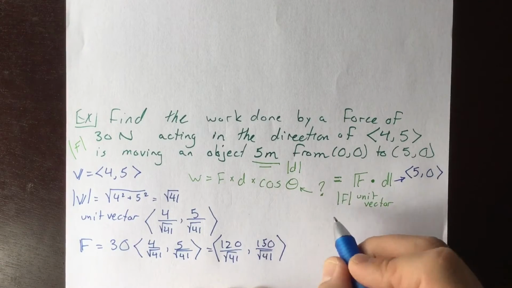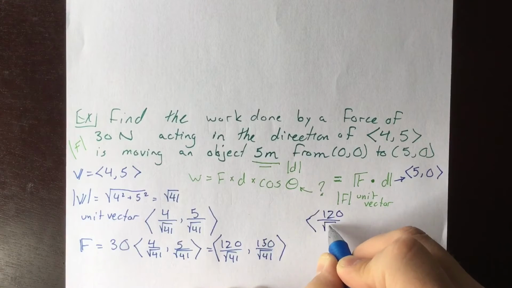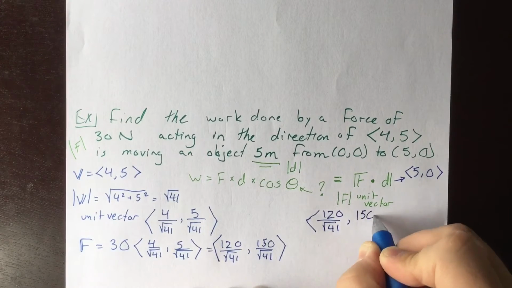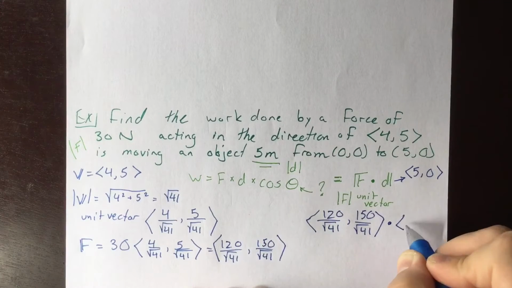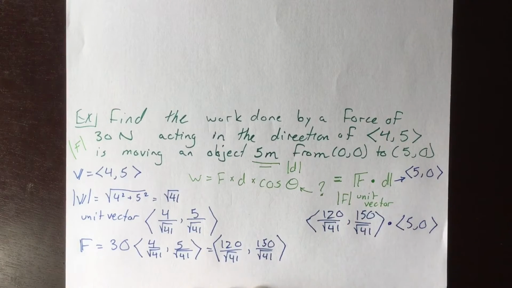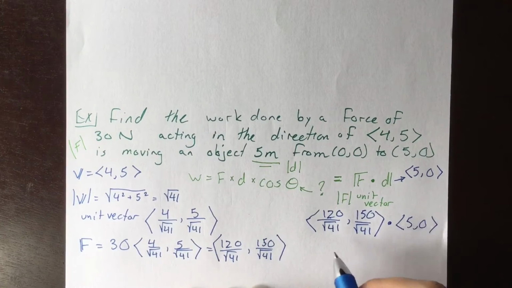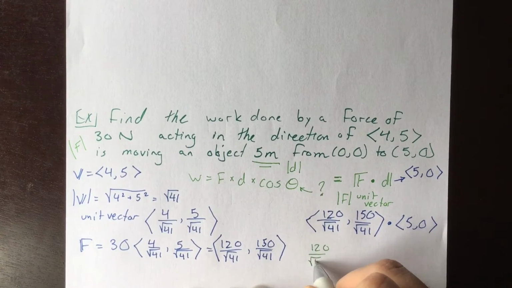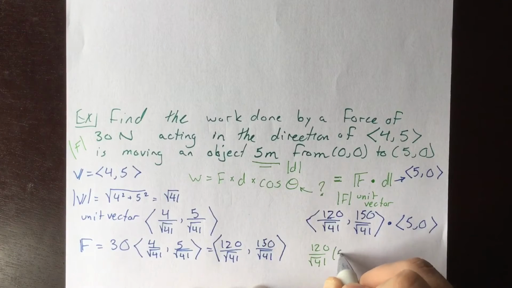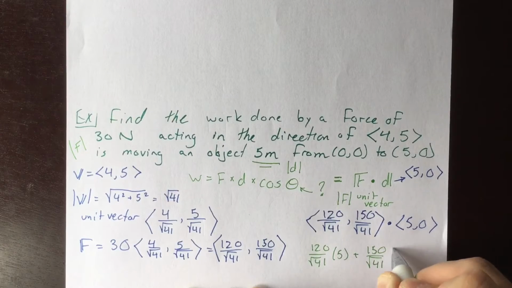We have our two vectors: <120 over root 41, 150 over root 41> dot product with <5, 0>. The dot product is x component times x component plus y component times y component. So that would be 120 over root 41 times 5 plus 150 over root 41 times 0.